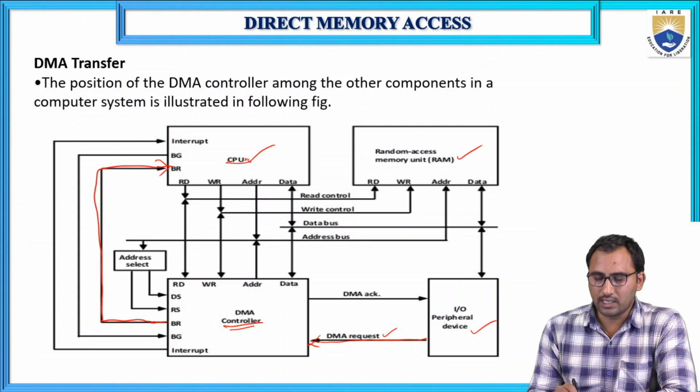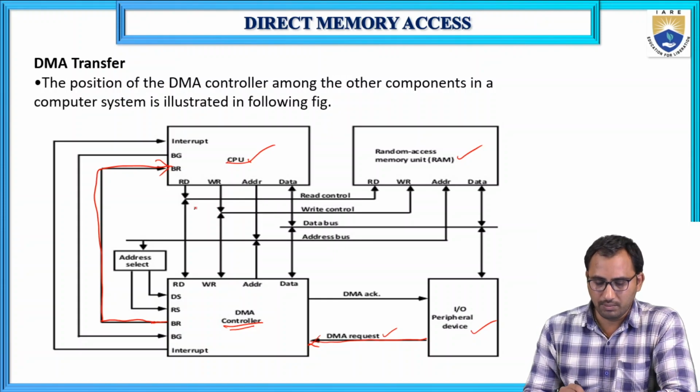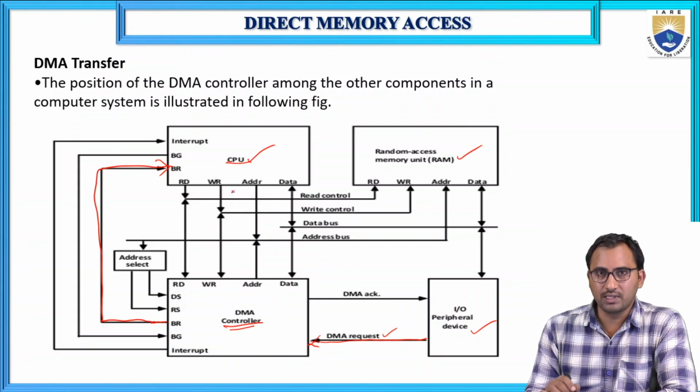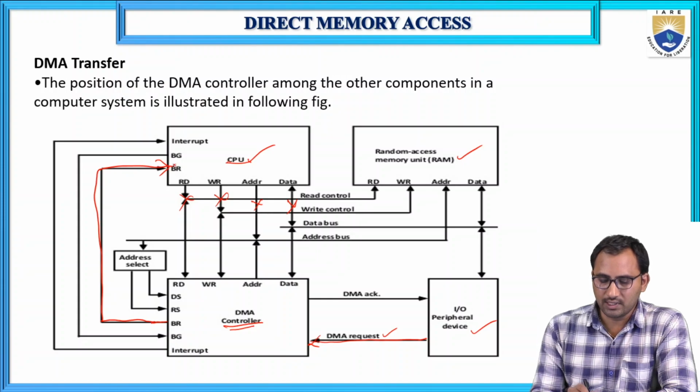Whenever the CPU receives a bus request signal, it seizes all its buses. That means all the buses associated with the CPU will be disconnected from the CPU, and the CPU will grant the bus control with the signal BG.